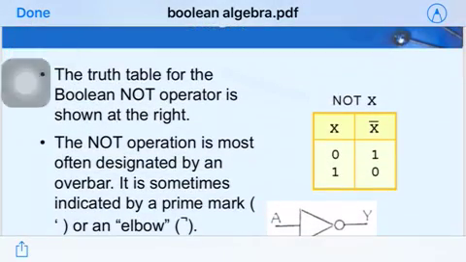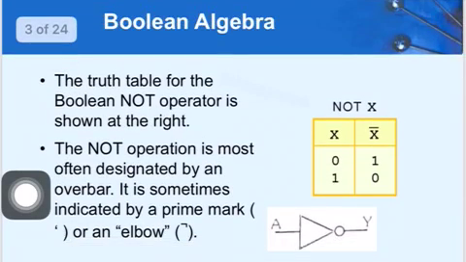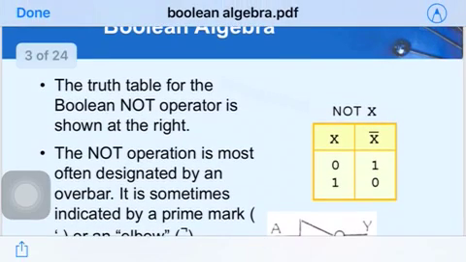Coming to the next common operator in Boolean algebra, that is NOT. The truth table for NOT is: if the input value is 0, the output will be 1. It can be represented with x complement, a bar on x, or x dash, or a negation symbol on x. Input value 0 gives the output x complement as 1.